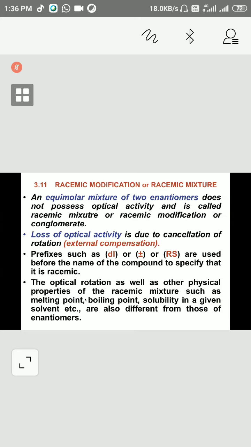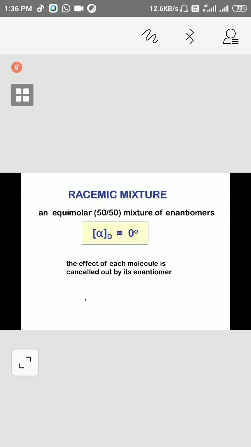Then optical rotation as well as other physical properties of the mixture, melting point, boiling point, solubility in a given solvent, etc., are also different from those of the enantiomers. Racemic mixture has optical activity 0.